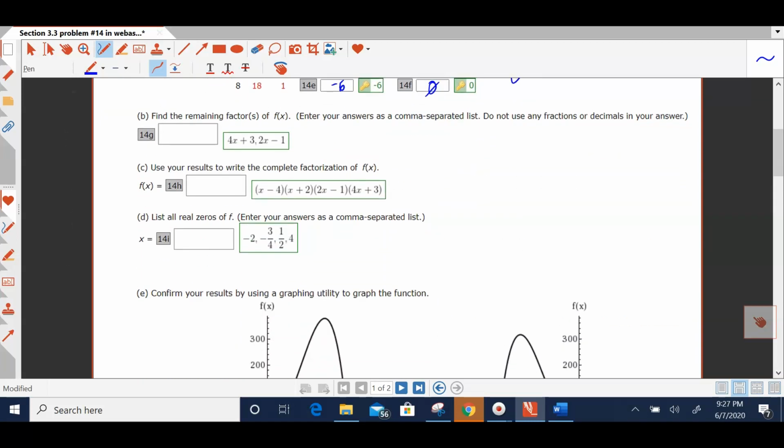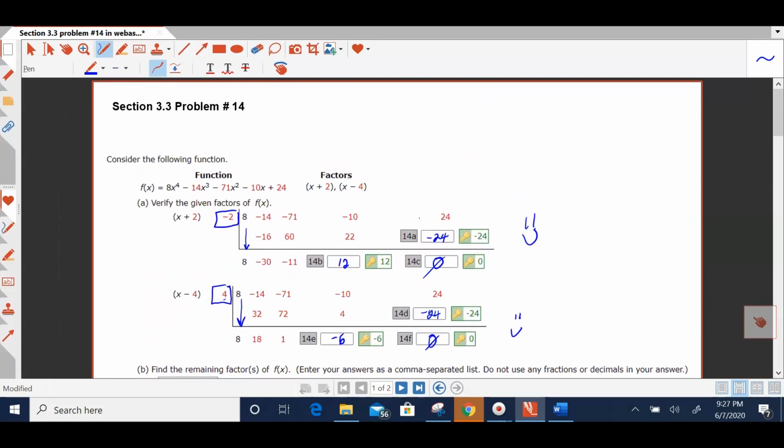So where do I have some room here? We'll just come up here. So let's look at the -2. I had an 8, -14, -71. All right, and the synthetic division looked like this. I'm just going to copy what I have there.